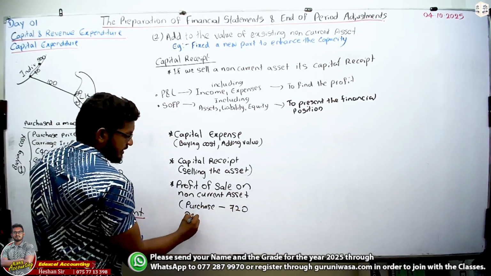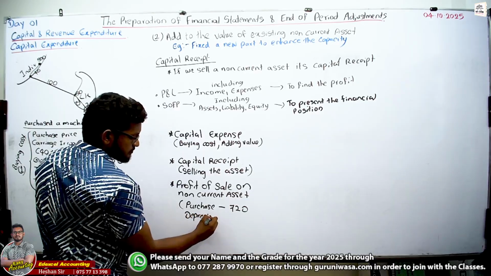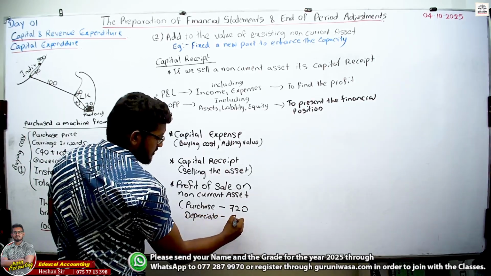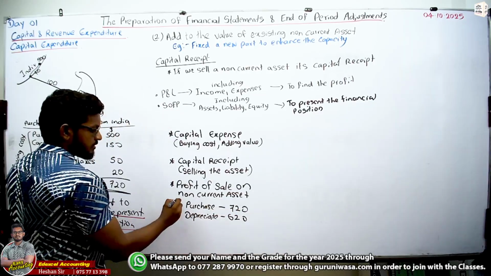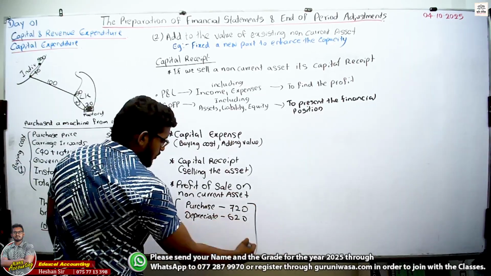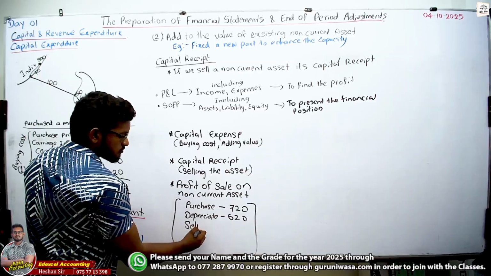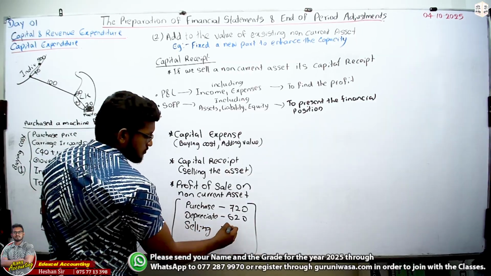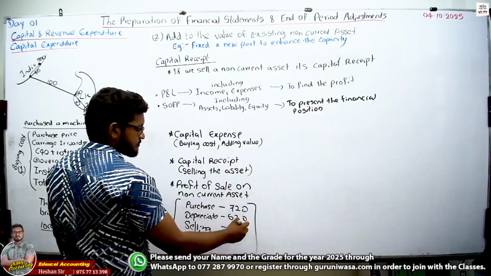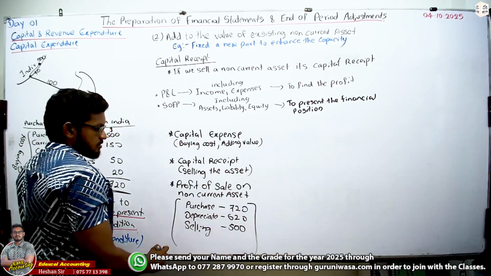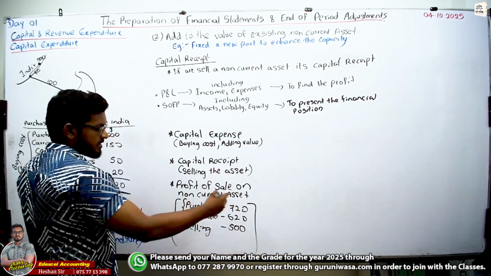We depreciate it to 620, right? Now we are selling it for 500. We purchase for 720.